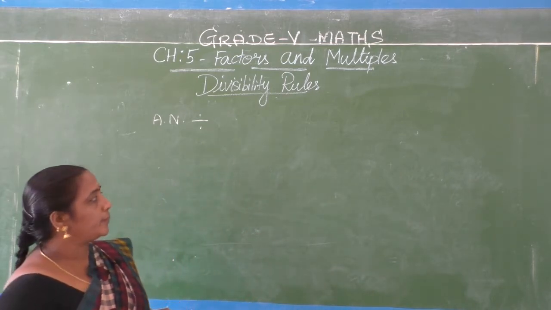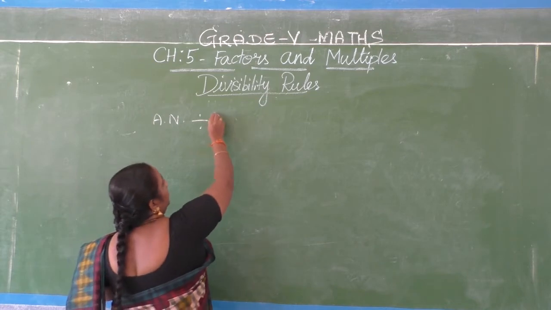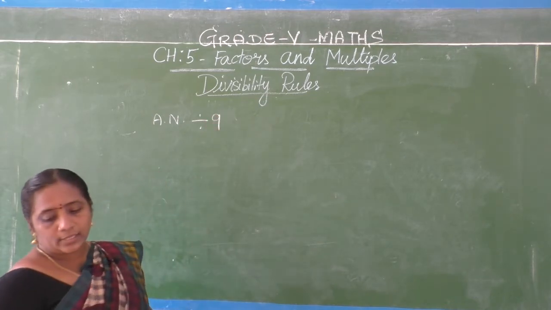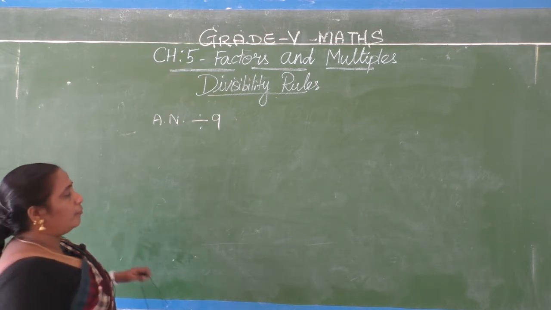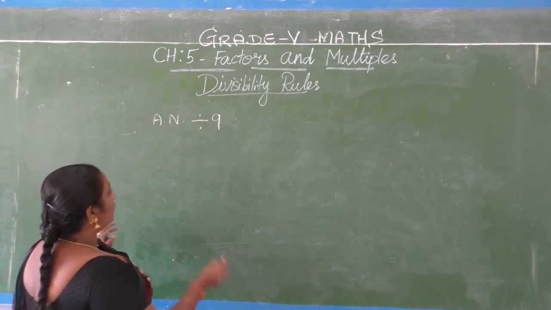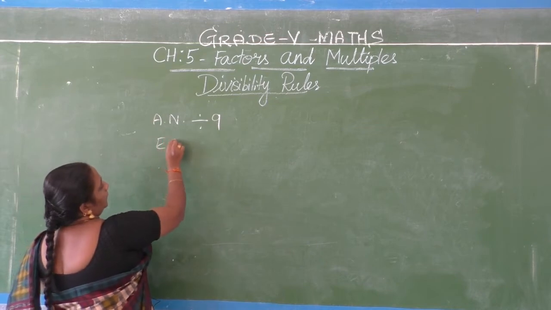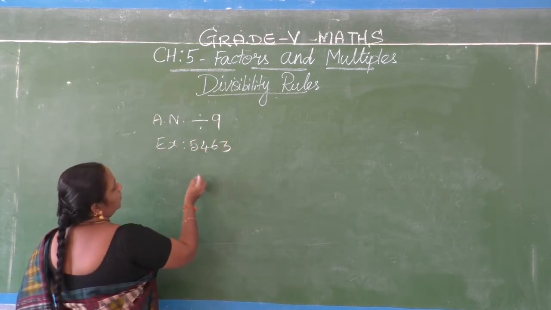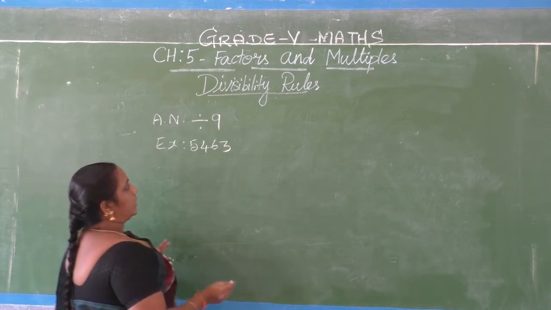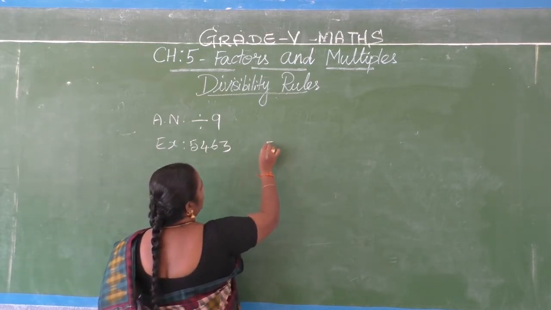Any number divisible by 9, what is the rule? Here also the sum of the digits. For example, 5463. The sum of the digits divisible by 9 means the whole number will be divisible by 9.